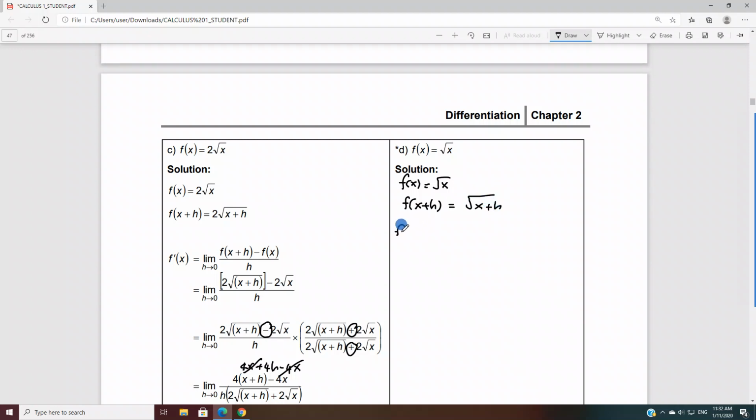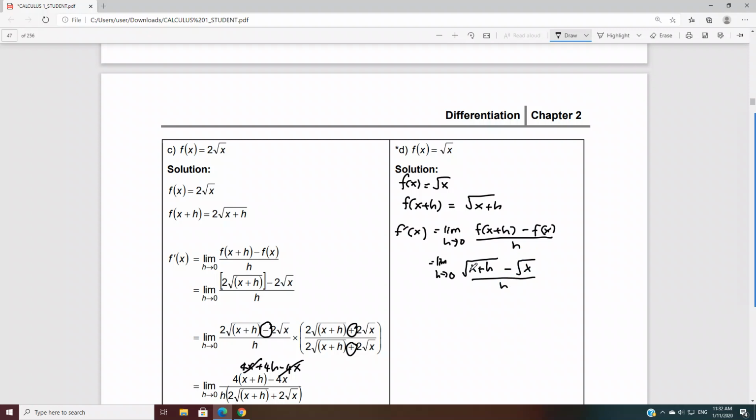Okay, so kita substitute dalam definition of derivative. f prime of x equals limit h approaches 0, f(x+h) minus f(x) over h. Okay, so make sure limit ni akan kena tulis sampailah you all substitute nilai h tu. Okay, so kita ganti square root of x plus h minus square root of x over h.